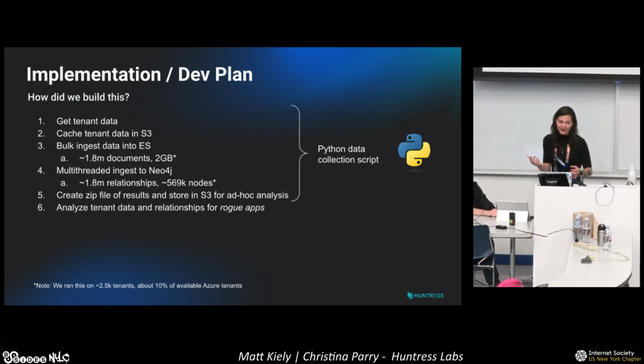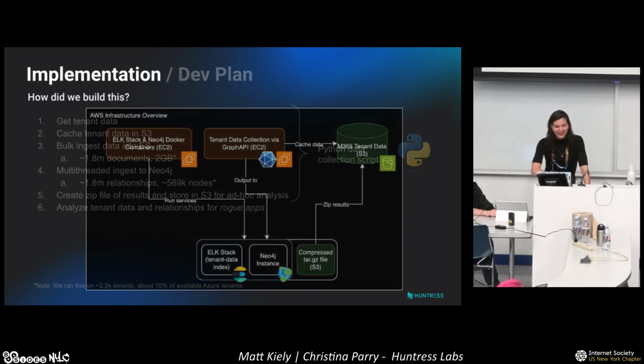We had 3 output methods to leverage the data: Elasticsearch, Neo4j, or a zip file for ad hoc analyses. This was all done in a Python data collection script. Once we have that data, we're able to dive headfirst into Elasticsearch and Neo4j to see what interesting things we find.